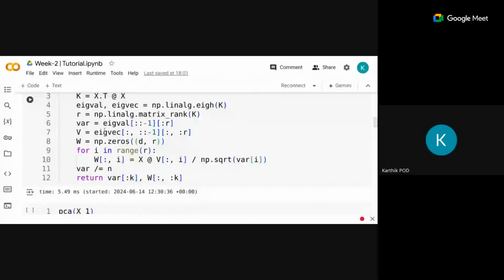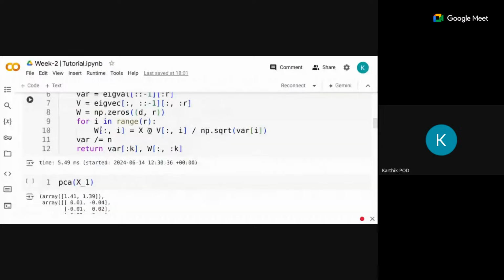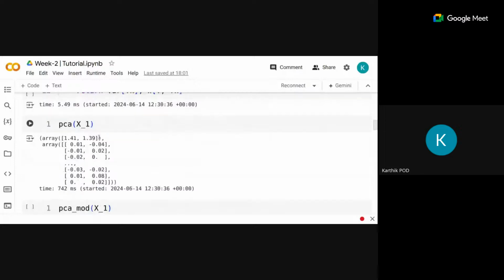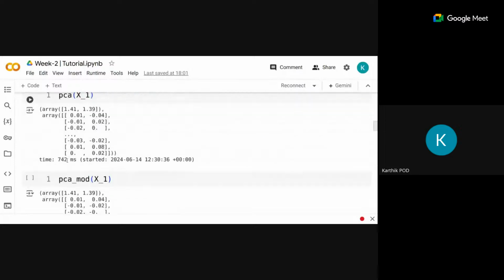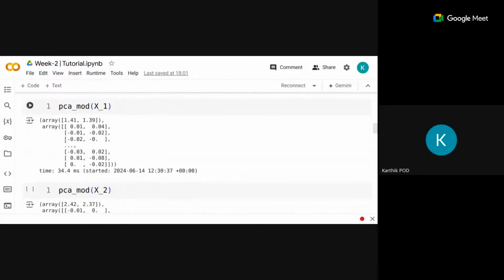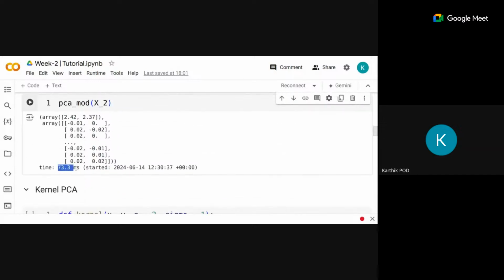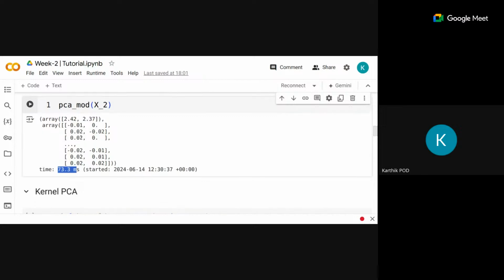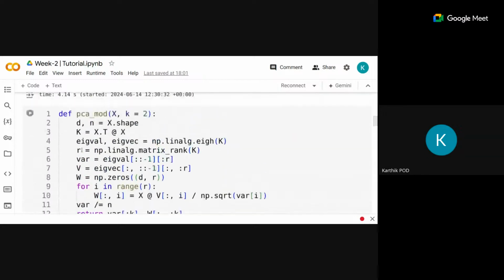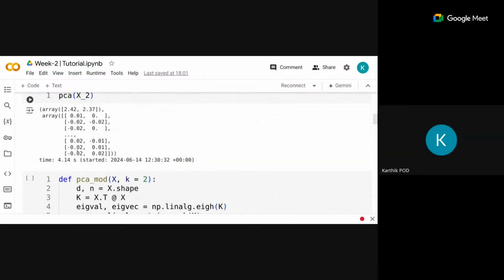There's a lot of code here, so don't be confused by that. If you now run it on X1, this modified PCA takes 34 milliseconds. X2 it takes 73, right? You see it's comparable. Earlier it was taking a lot more time for X2.